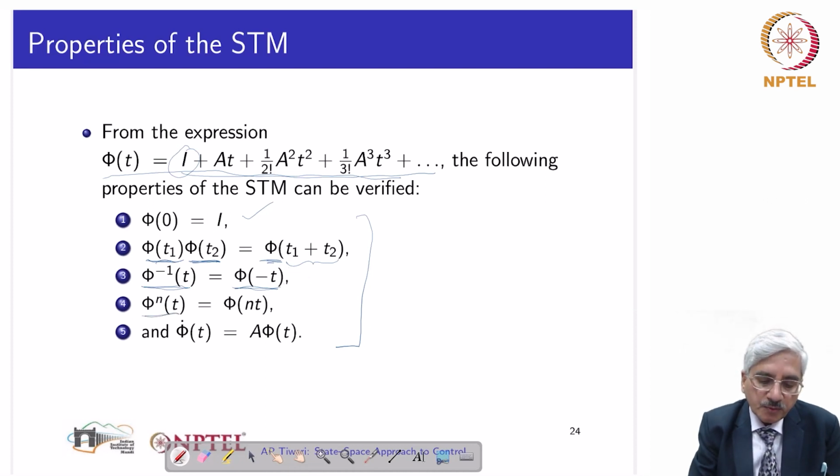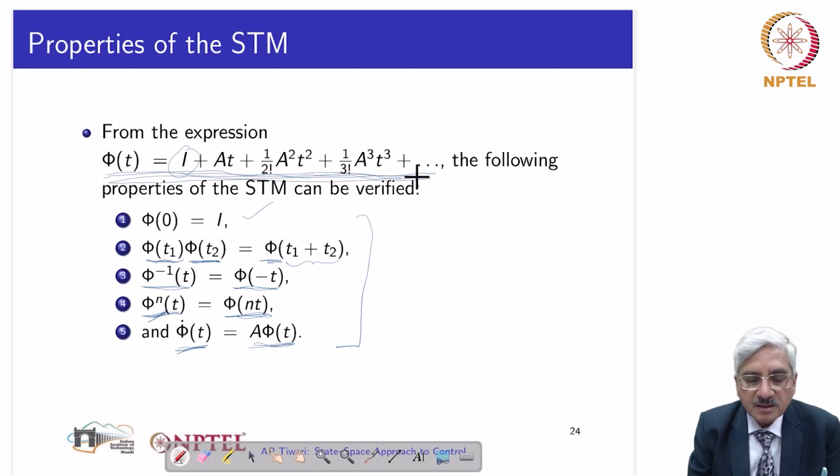We can also prove that the STM evaluated at time t raised to power n is equal to the STM evaluated at time nt, where n is an integer, and the derivative of phi with respect to time is equal to A times phi. These properties can all be proved using this expansion, phi t as identity plus At plus 1 by factorial 2 A square t square, etc.